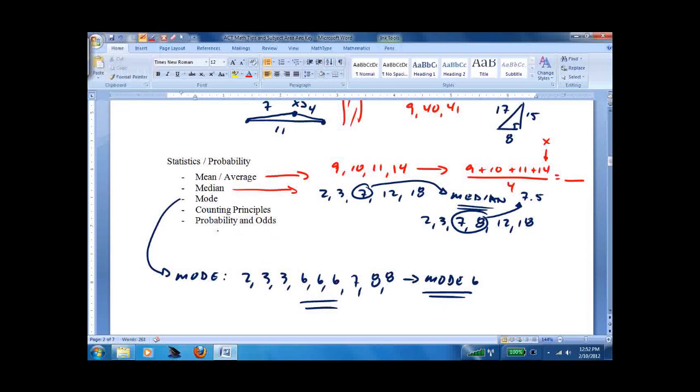And counting principles come back to probabilities and odds are simply ratios. What's the probability of pulling a white marble if you have 3 white marbles and 5 blue marbles in a bag? Probability is 3 out of 8.